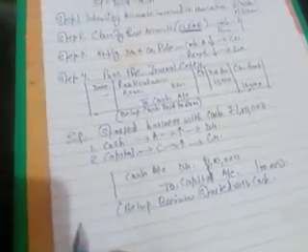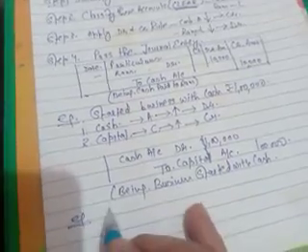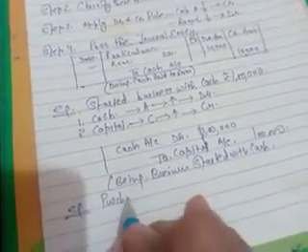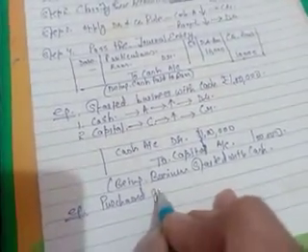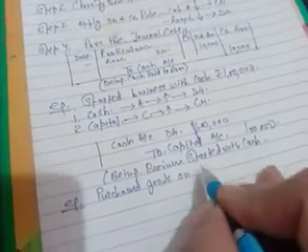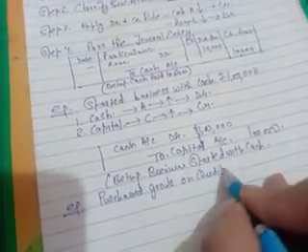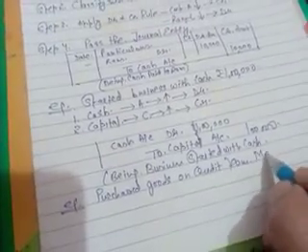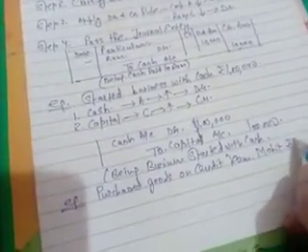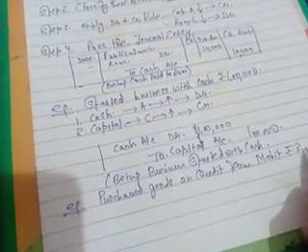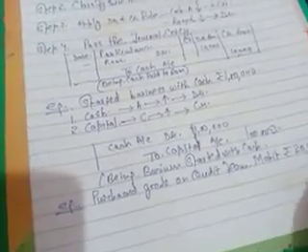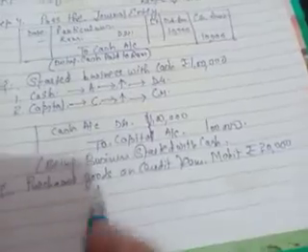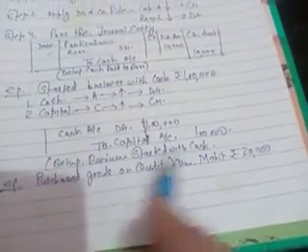Let's take another example. Purchased goods on credit from Mohit rupees 20,000.